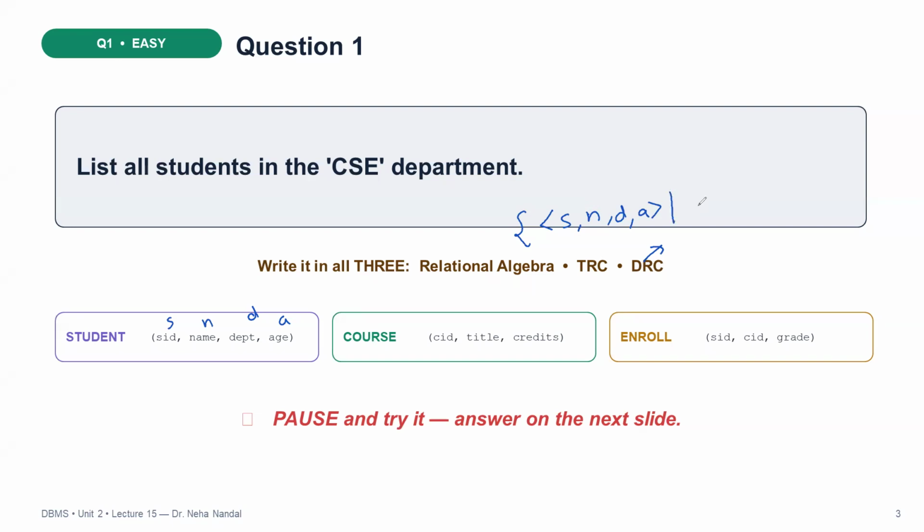Here we are displaying everything. Then again S, N, D, A belong to the student table. And the condition is, out of all of the columns, the D column, department, is equal to CSC. So that is the answer.